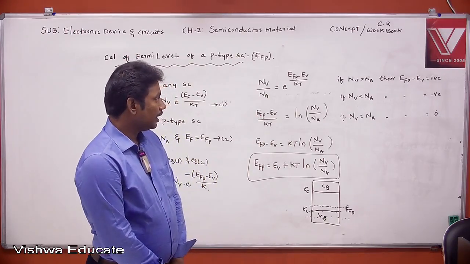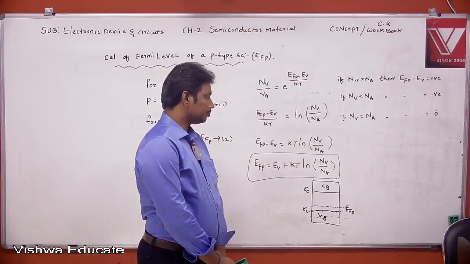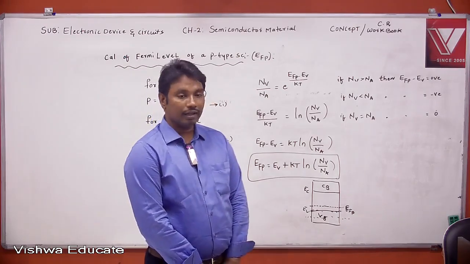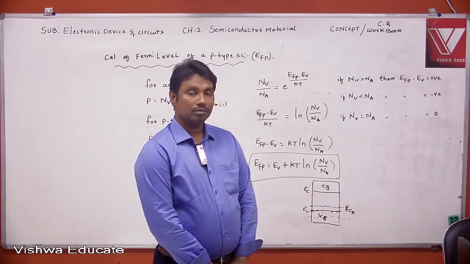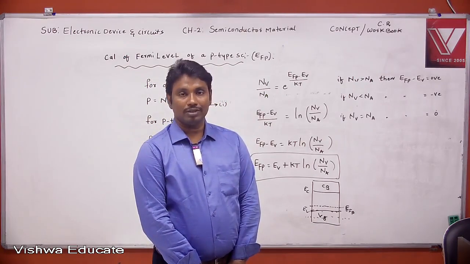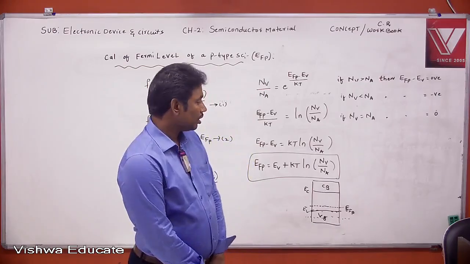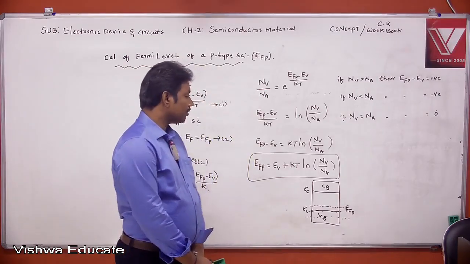Third point, if NV equals NA, then EFP minus EV equals 0. That is, the Fermi level coincides with the valence band.